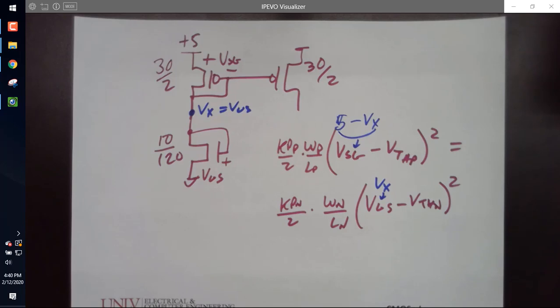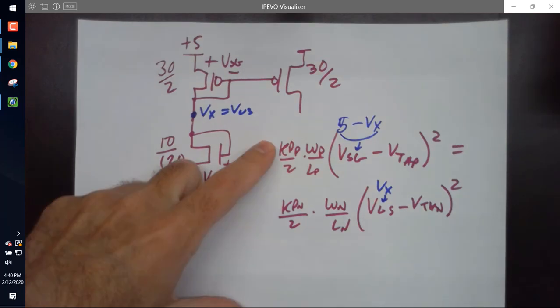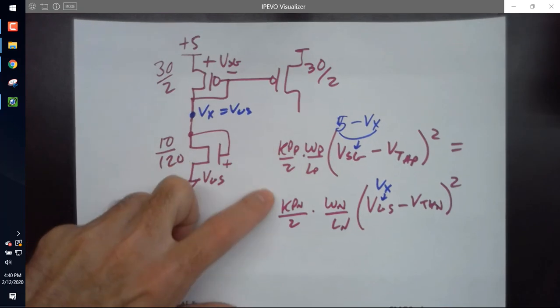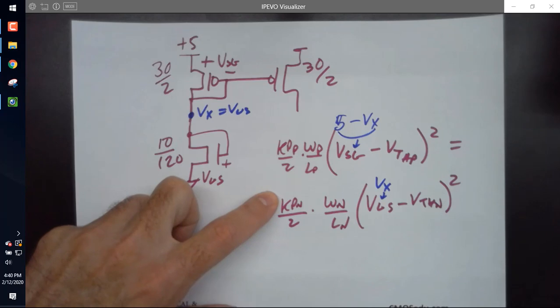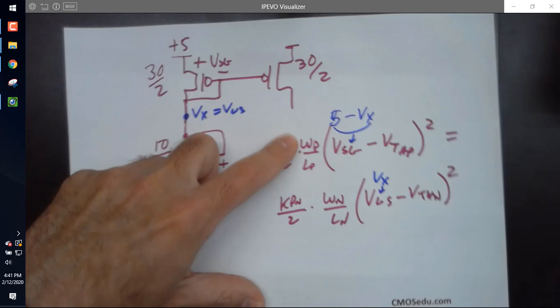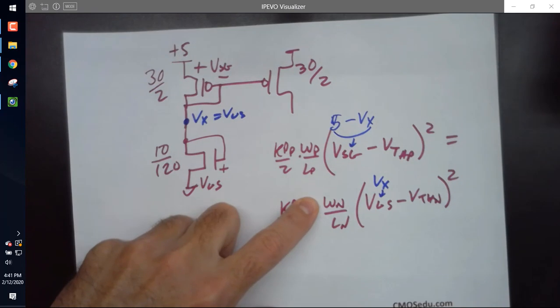Okay, tell me how to simplify my life. What's K prime of P? 40. What's K prime of N? What is WP over LP? 15. What is WN over LN? 5. What can I say about this relative to this?